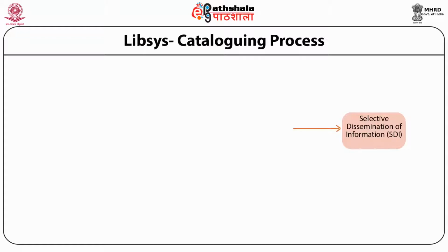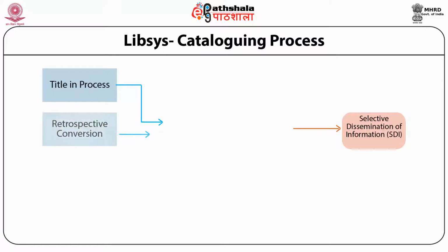The cataloging process starts either by selecting titles in process, or by a new entry. The maintenance function allows for maintaining a title, such as removing it, changing its accessioning number, merging the titles in case of multiple copies, attaching multimedia files, etc. Existing holdings can be entered through retrospective conversion, and these titles will not be part of the new additions list.